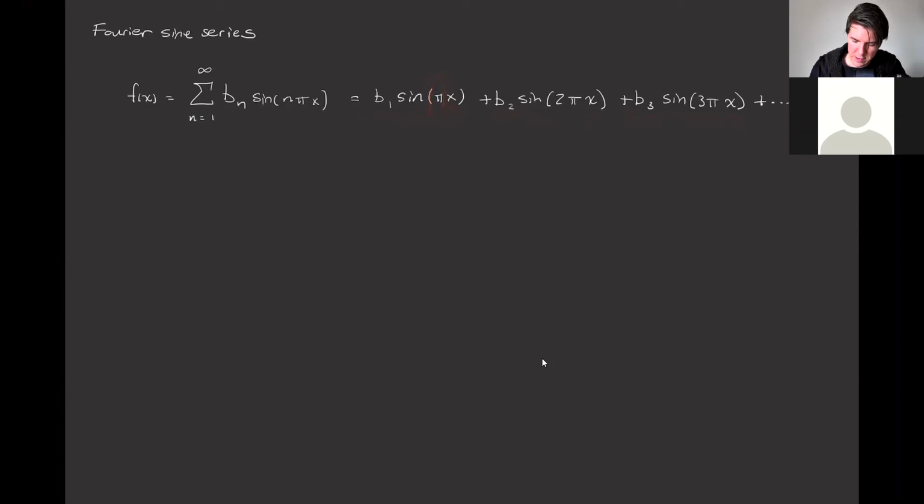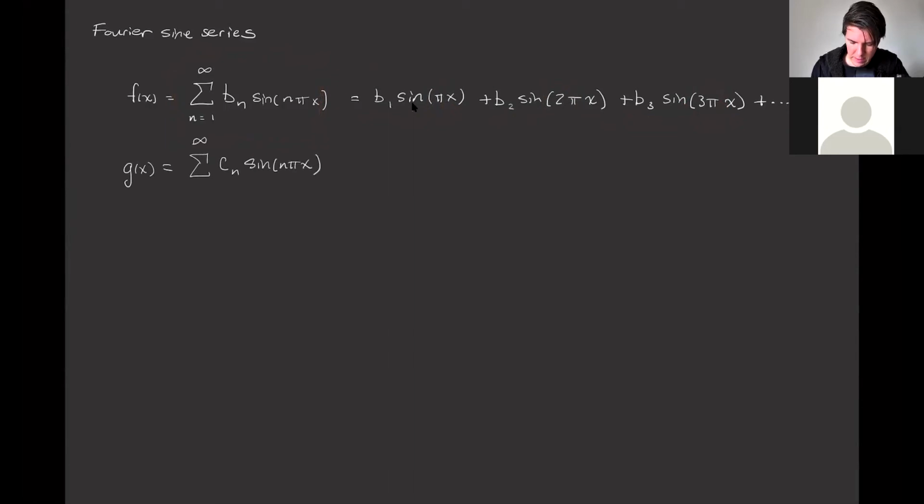That when I just said the frequency changes, that's actually a pretty critical property here. But if you look at this, let's say you wrote another function g of x, and instead called the coefficients c sub n times sine n pi x.